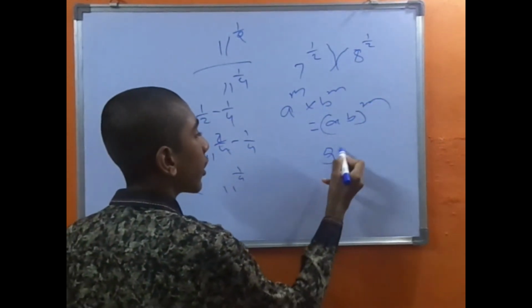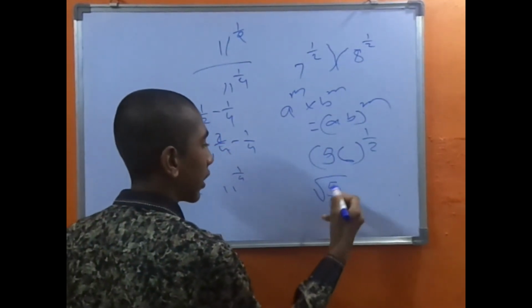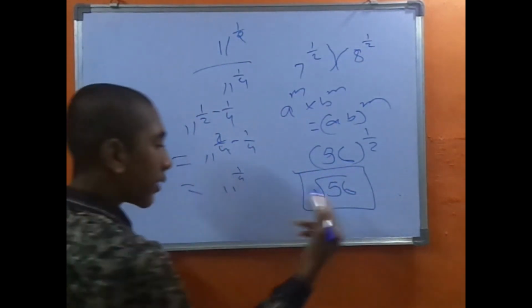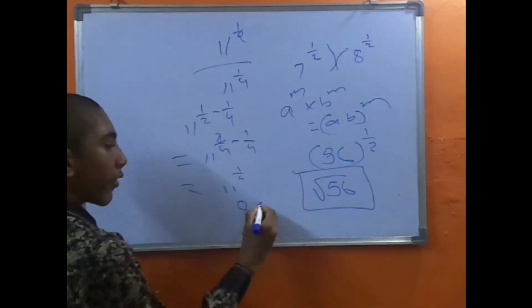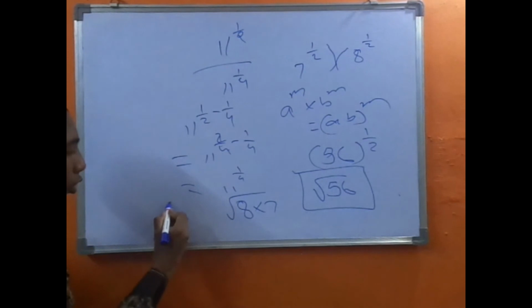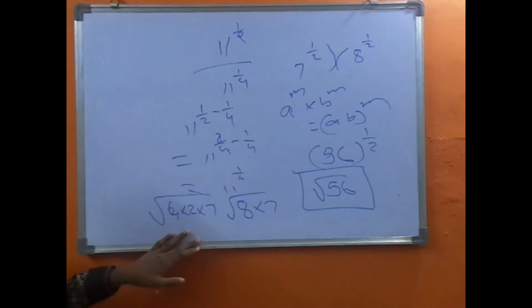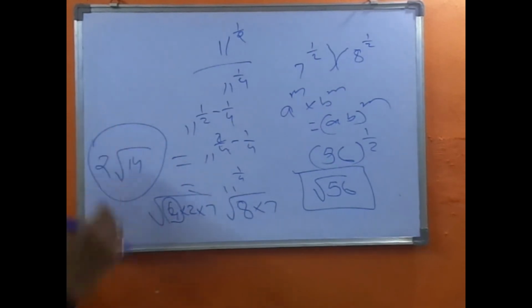So 56 whole power 1 by 2, which is root of 56. We can still simplify this further. We can write this as root of 8 into 7, right? So 4 into 2 into 7, yes. So this 4 comes out as 2. So 2 root 14. This is the simplified product.